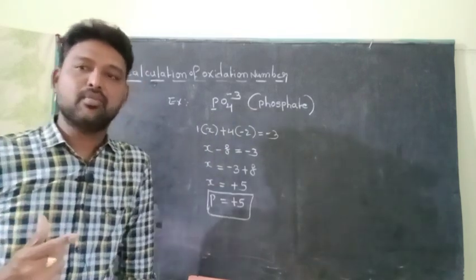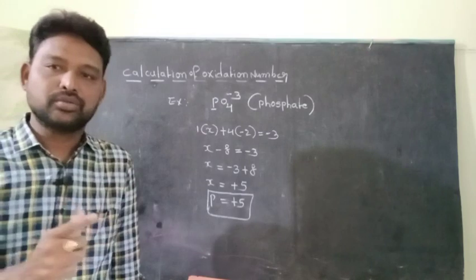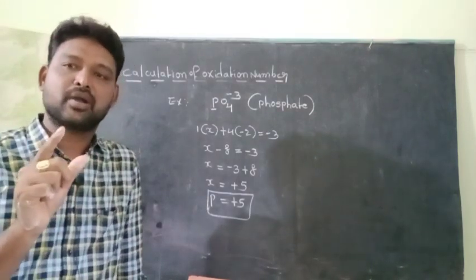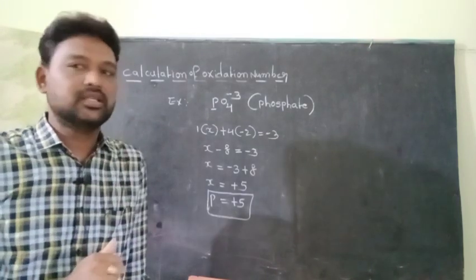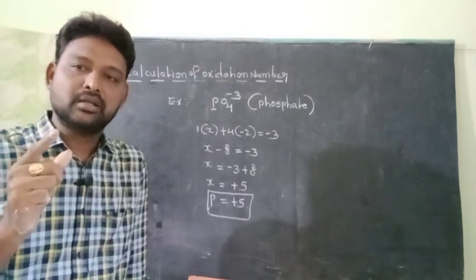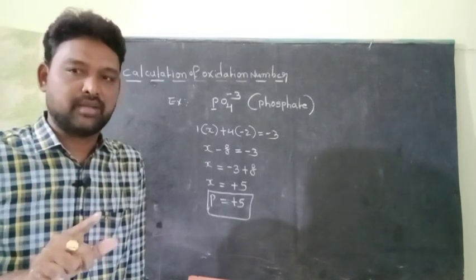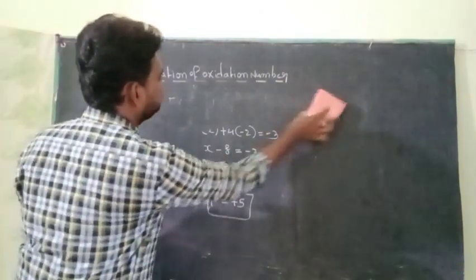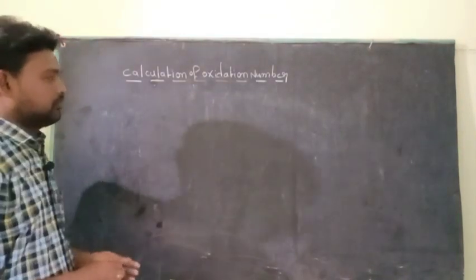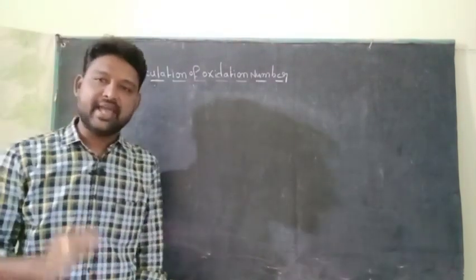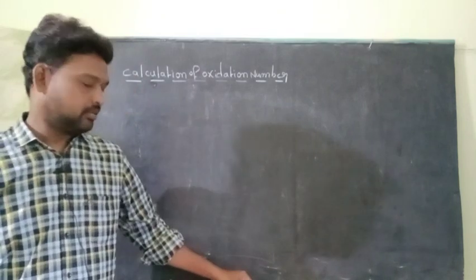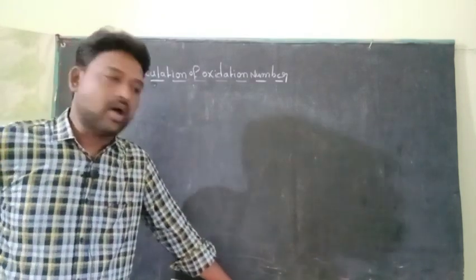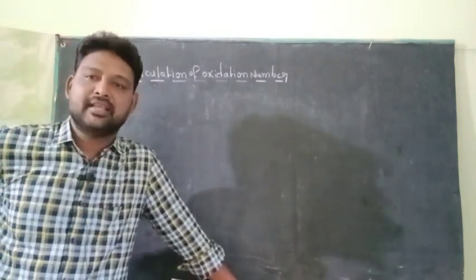Okay. Now another model is there. Before, we calculated the oxidation number of a compound, and the next model was given a compound ion. So next, another model is there in oxidation number. This is a very important model, asked in the NEET mains examination.